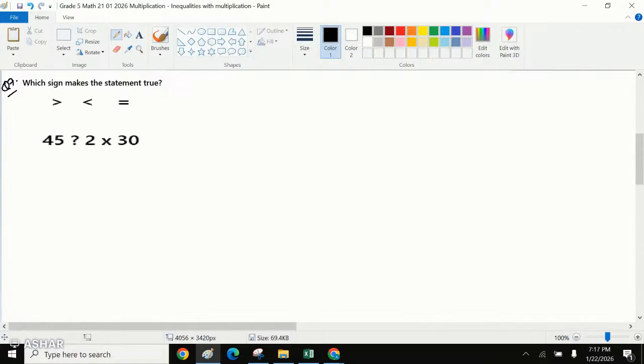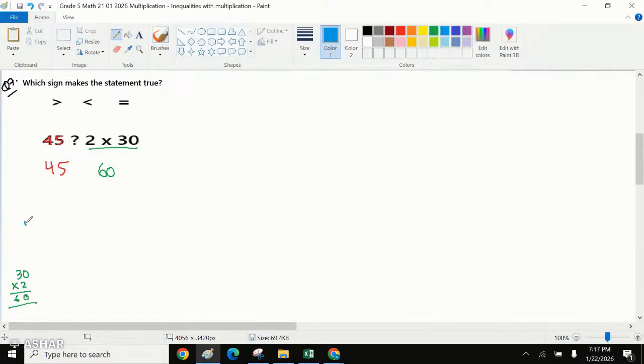So 2 multiplied by 30, if I say this is 2 multiplied by 30, can we say 30 multiplied by 2? We already know multiplying numbers ending in the 0. 2 times 3 is 6 and we put a 0, right? 2 times 0 is 0, and 60. So if we say this was a 60 and this was a 45, which statement is true?